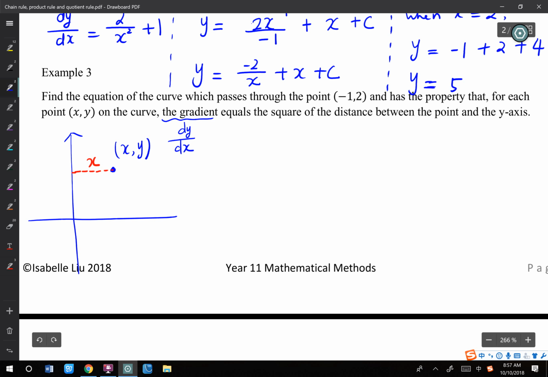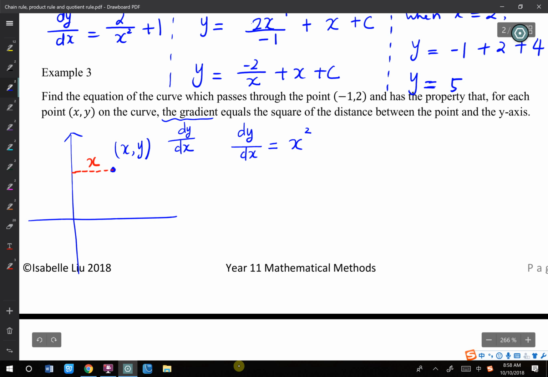So what does dy/dx equal? dy/dx equals the square of the distance from the y-axis. For any point, the distance from the y-axis is x, and the square of that distance is x squared. So if x is 4, then the distance squared will be 16. So dy/dx equals x squared.